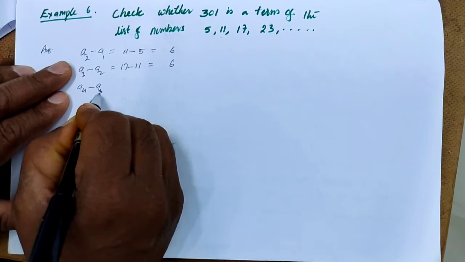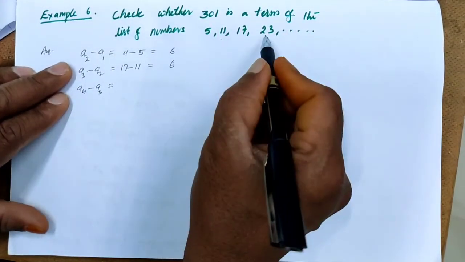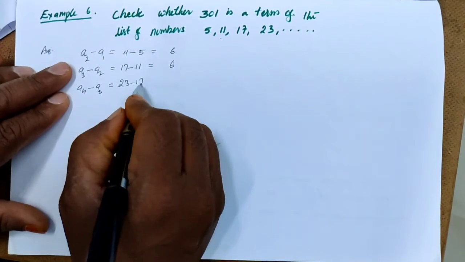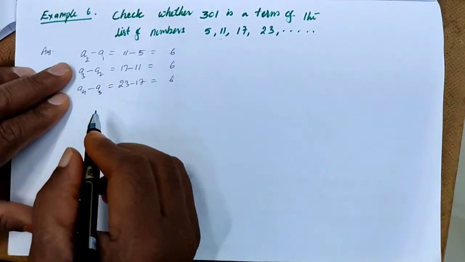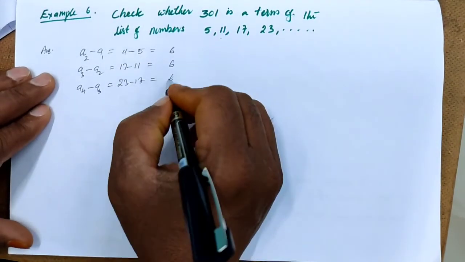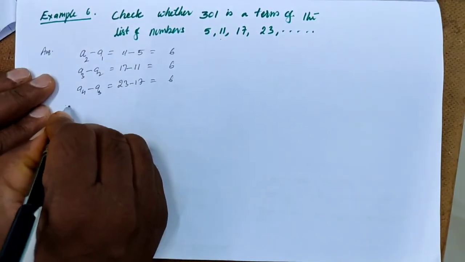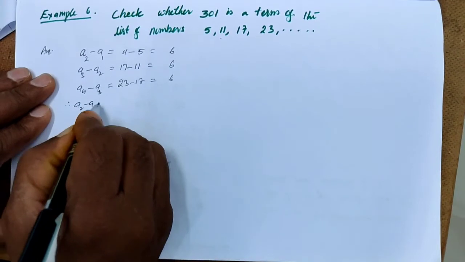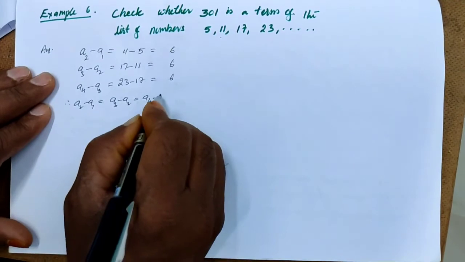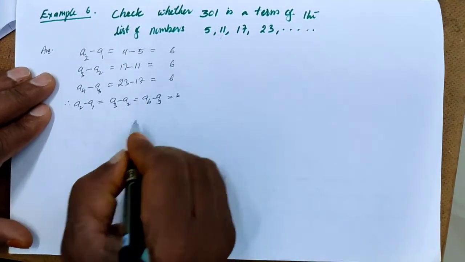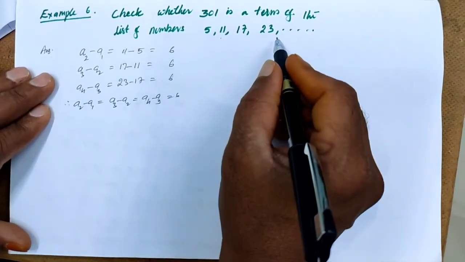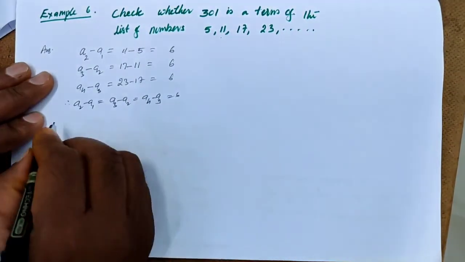Now a4 minus a3 is 23 minus 17, again 6. So we conclude that a2 minus a1 is equal to a3 minus a2 is equal to a4 minus a3 is equal to 6. Therefore this list of numbers forms an arithmetic progression.